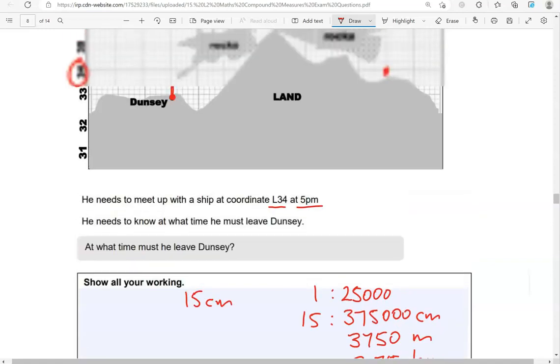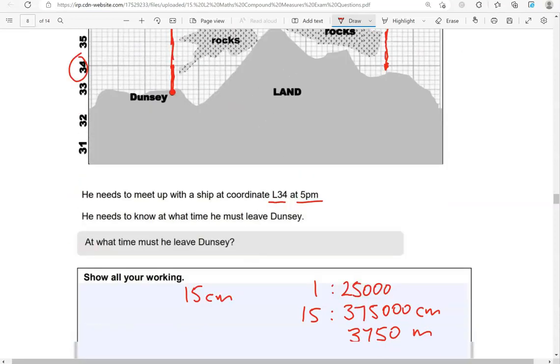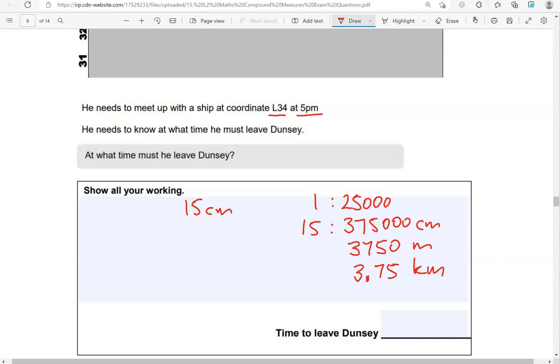So the speed is 5 kilometers per hour, and this is the distance. So 5 kilometers is 1 hour or 60 minutes. This is less than 5 kilometers.